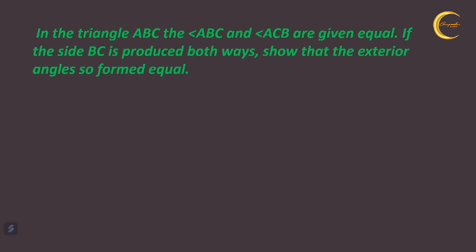Now come to the next problem. So in the triangle ABC, the angles ABC and ACB are given equal. So in this one triangle there are three angles, but these two angles are equal. So angle ABC and angle ACB are given equal. If the side BC is produced both ways, the exterior angles so formed are equal.